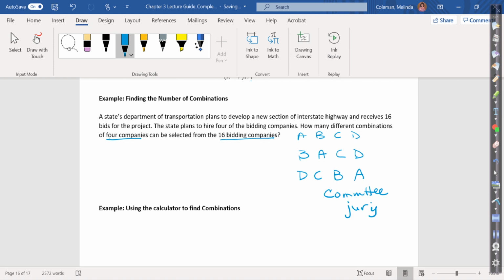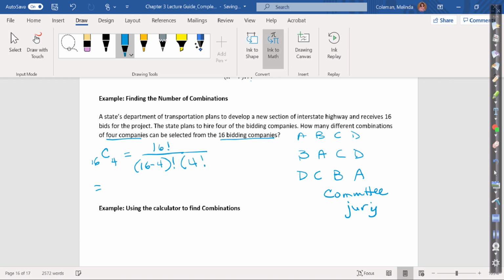Right? So this time we have the combination of 16 companies, of which 4 will be selected. Using the formula, that would be 16 factorial over 16 minus 4 factorial times 4 factorial.